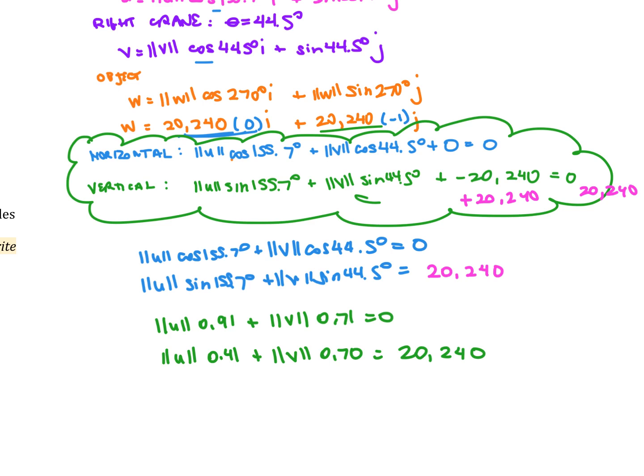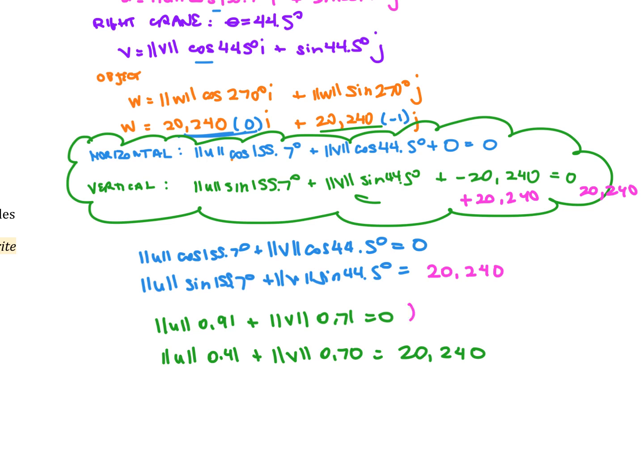Oh, I apologize. This first value is a negative. Sorry. Cosine of 155.7 degrees is negative 0.91. That makes sense. Cosine of 155 is in quadrant 2, and therefore it should be negative. All right, so we're going to solve the system.